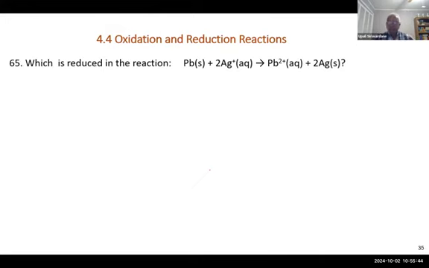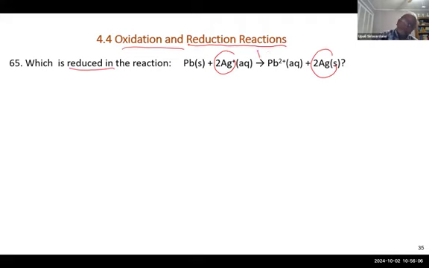Now we're going to answer, in general, questions on redox reactions, oxidation, reduction reaction. What is reduced in the reaction? Silver is reduced.